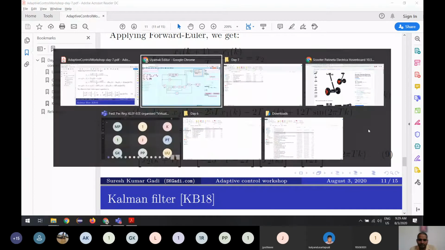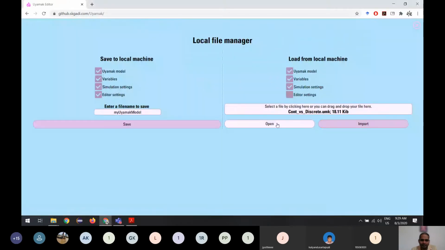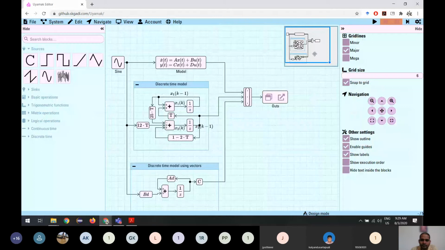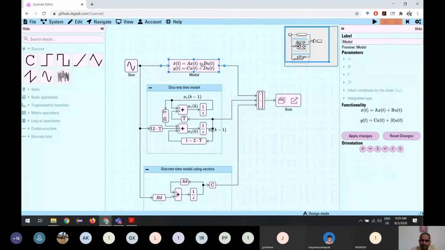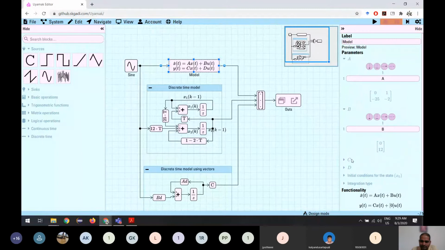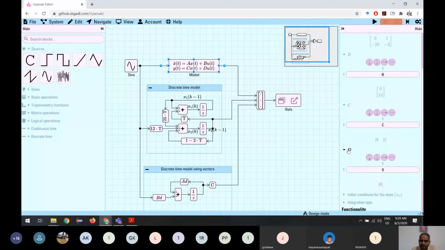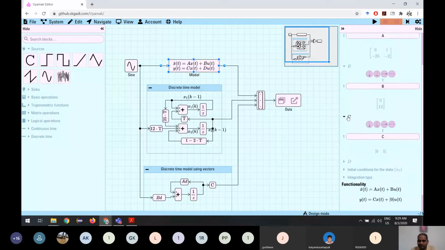So let us simulate the system and see how we can implement this in real life. This is the continuous model, right? A, B, C, D. D is 0, so we don't need it.